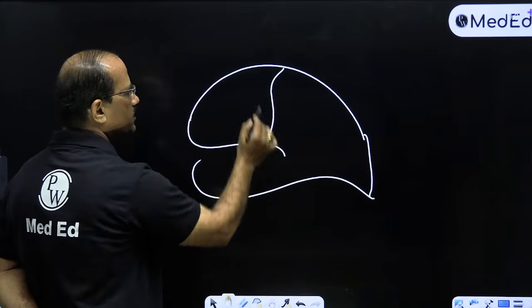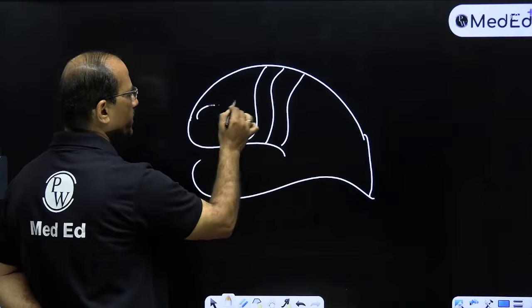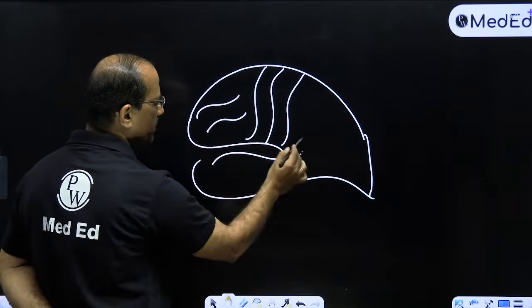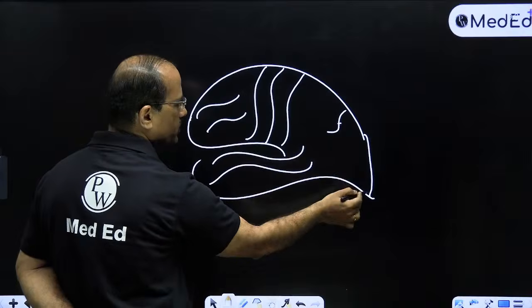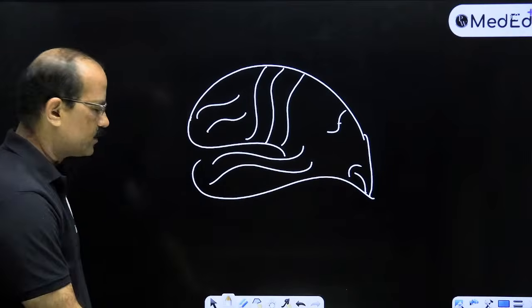So that's the central sulcus, precentral, postcentral, superior frontal, superior temporal, inferior temporal, parieto-occipital, calcarine, lunate sulcus.